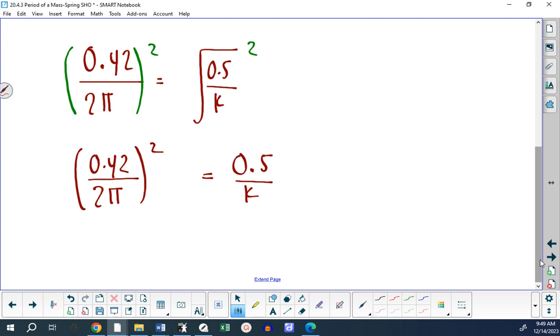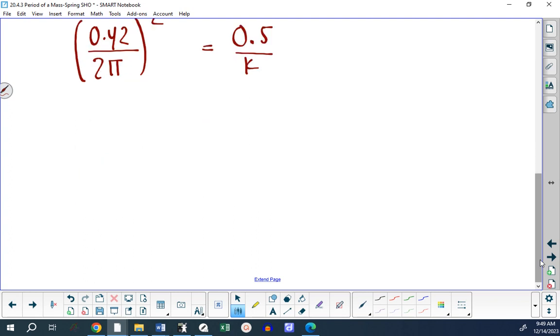I think if you're going to do it this way, now would be the time to calculate that number. Because if you want to start rearranging this, it turns out it would be k equals 0.5 over that thing, that's awkward.